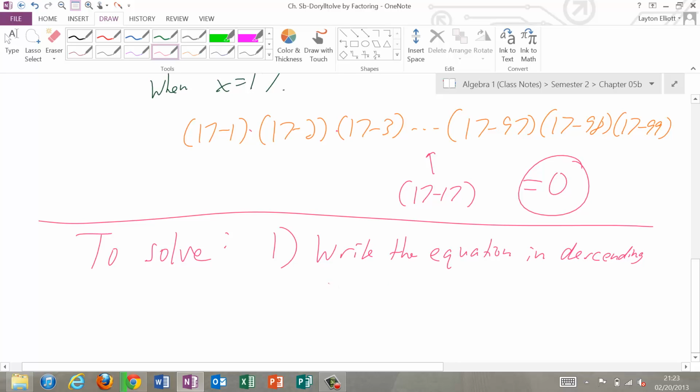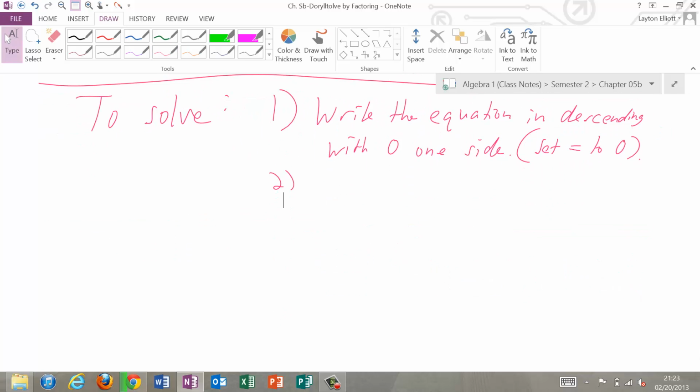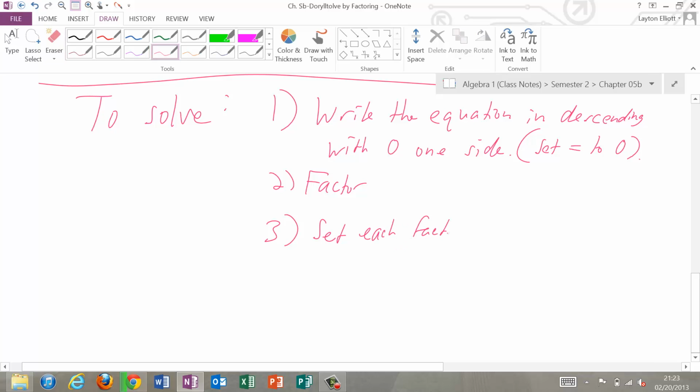And we're going to write it with 0 on one side. This is commonly referred to as the set equal to 0 step. I'm going to put in parentheses, set equal to 0. Step 2. We are going to factor. And step 3, you're going to set each factor equal to 0.